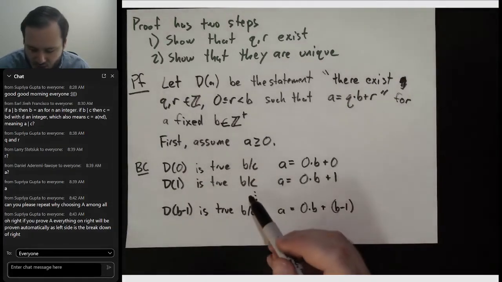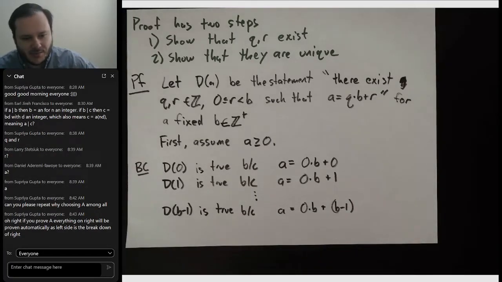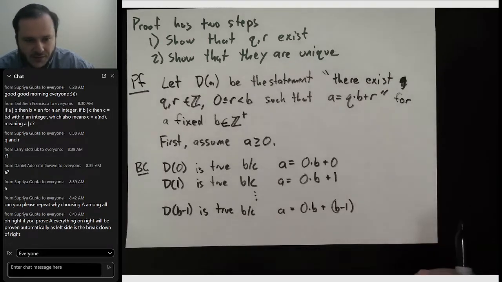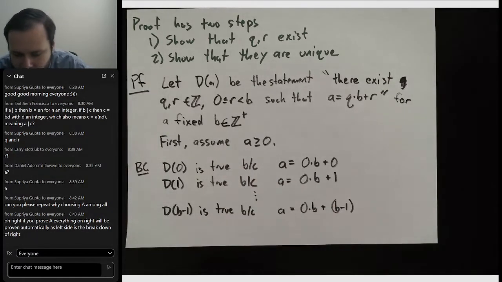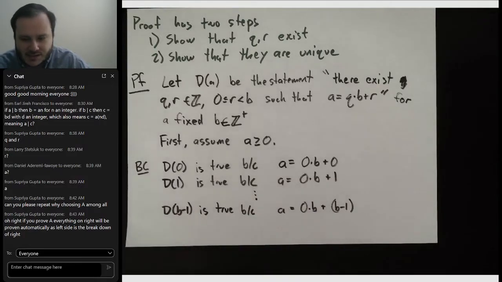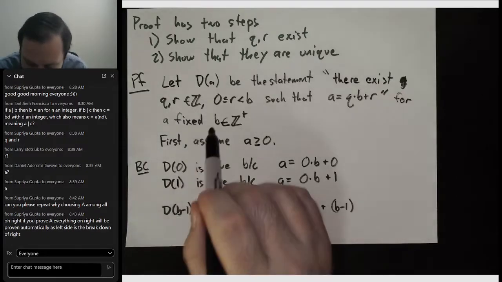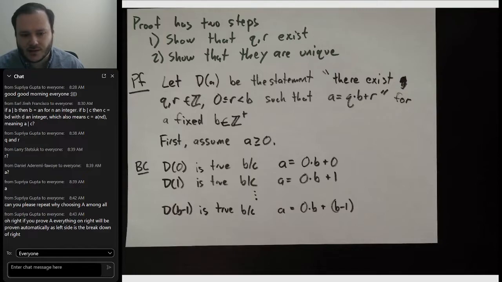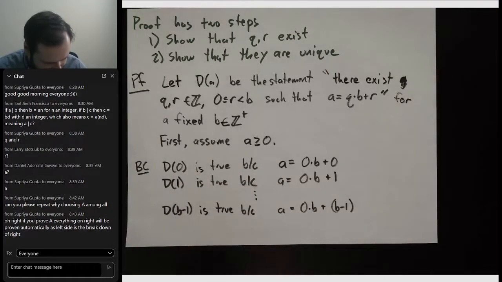I can't just say it's true for all cases this way, because it's not fair to ask your reader to do infinitely many cases. They would never be able to write them all down. But if I actually picked a B, if I said B is 112, you can write down 112 base cases. It'll take you a while, but that's fine. For any fixed B, this proof works, which is why I'm allowed to say I have all of these different base cases.